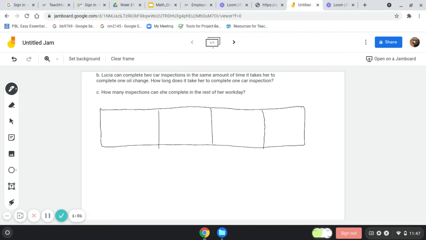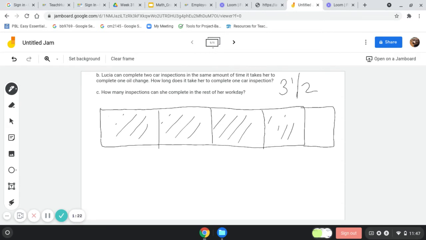And then we had this last half because it was 3.5 hours that she had left to her workday. So we needed to concentrate on this whole, this whole, this whole, which represented the 3 hours, and then half of this whole. Okay, so this is 3.5 hours.